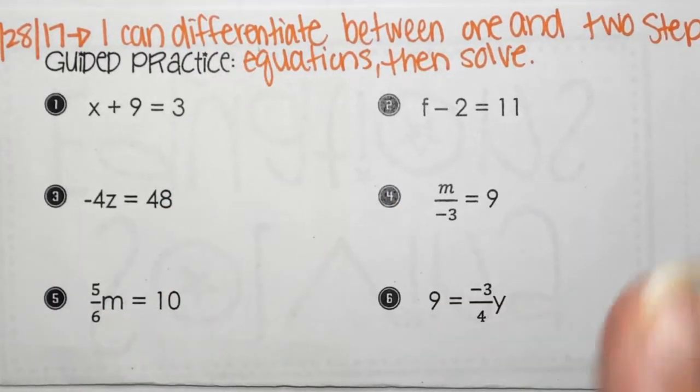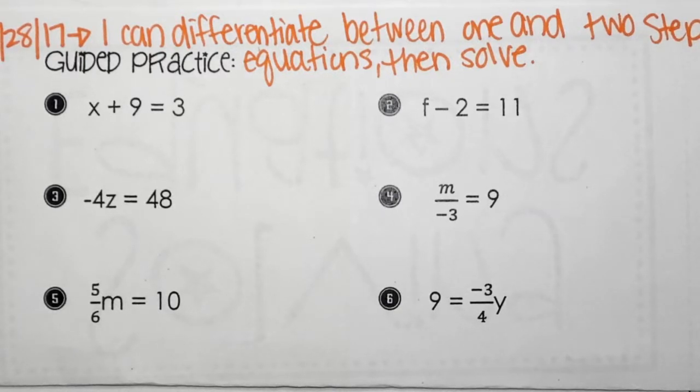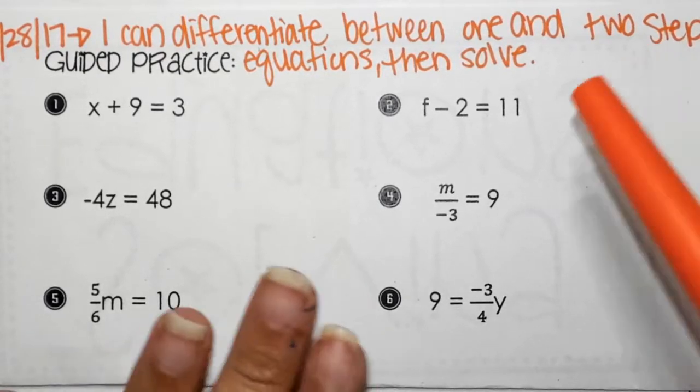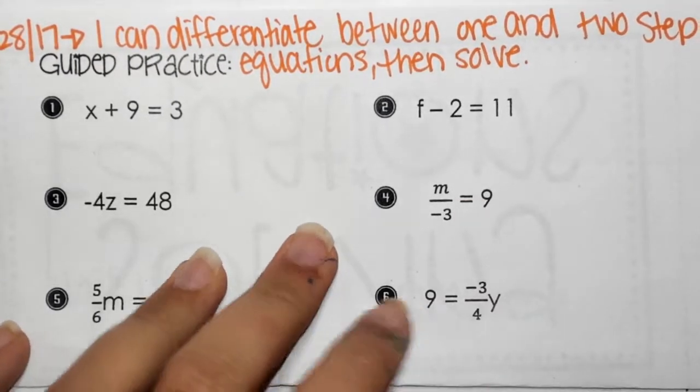It's level 2-ish, 3-ish. But it means that you can strategically think and tell me what the difference is. So I want you to be able to tell me the difference between a 1-step and a 2-step equation.